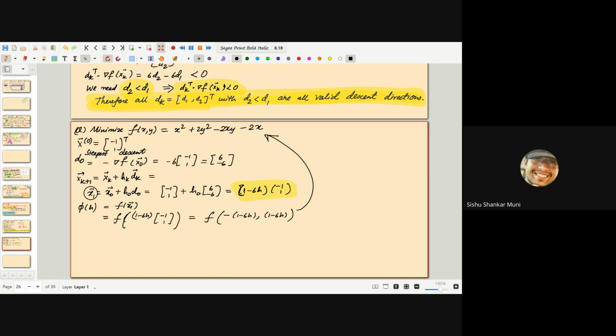So what you will get is minus of 1 minus 6h squared plus 2 times 1 minus 6h squared, minus 2 into, this will be plus 2, 1 minus 6h, 1 minus 6h, minus 2 times, so it will be plus 1 minus 6h. Isn't it? So what will be this value?